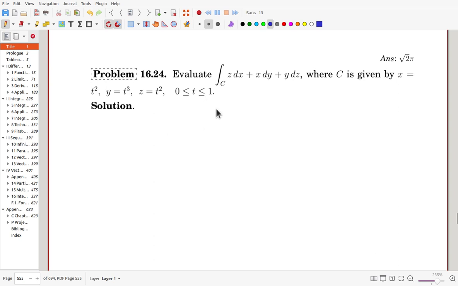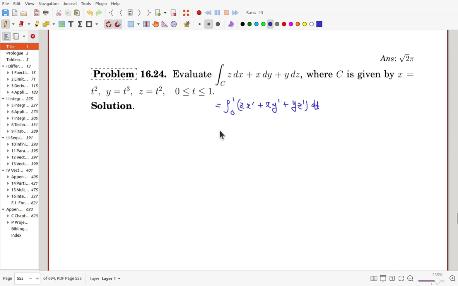If we try to use the formula, then that is the integral, for example, where t is moving from 0 to 1, of z x prime plus x y prime plus y z prime dt. We have to put dt here, but we may write it in this way, right?